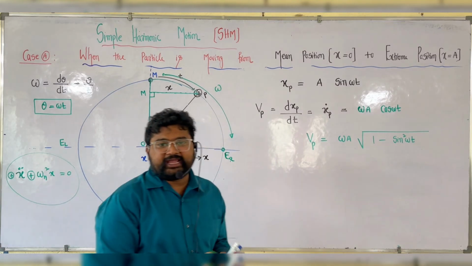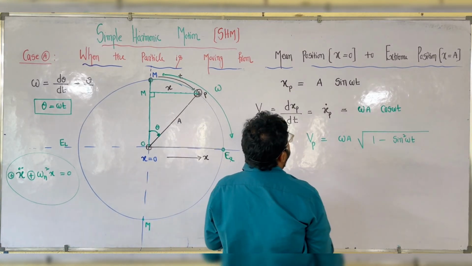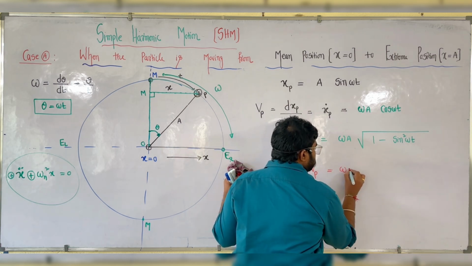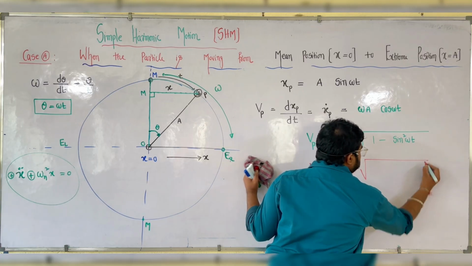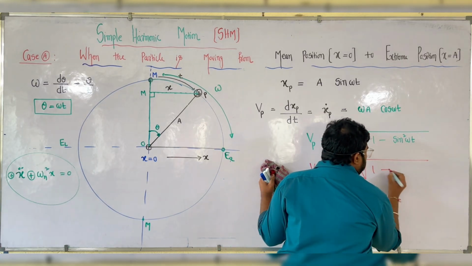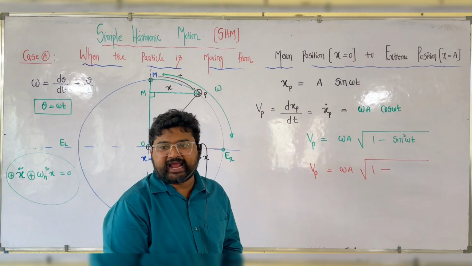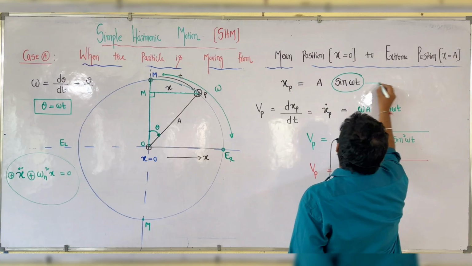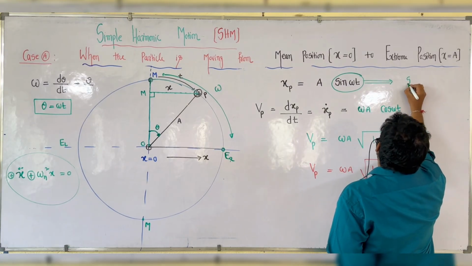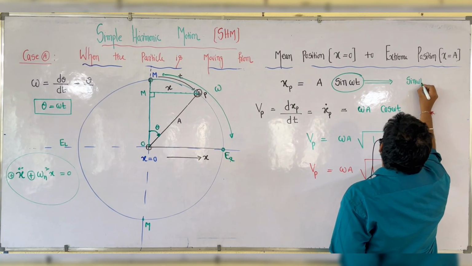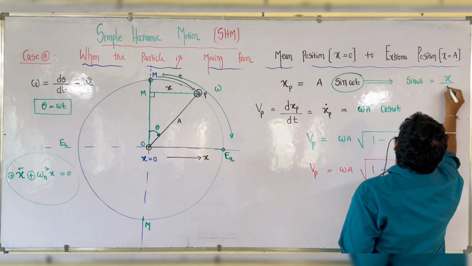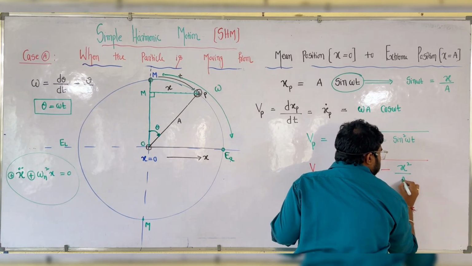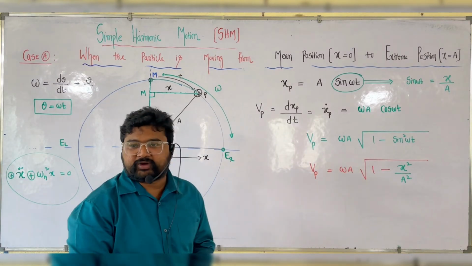Sin omega t can be written as x by a, so 1 minus x square by a square.